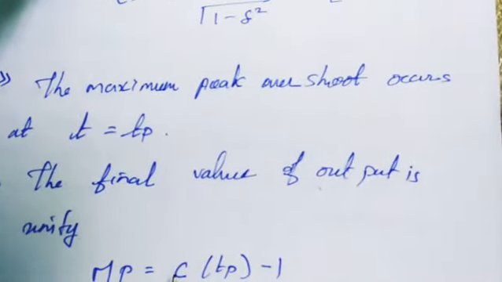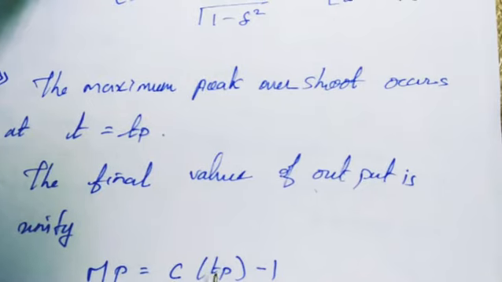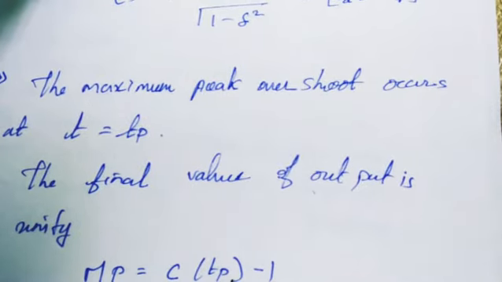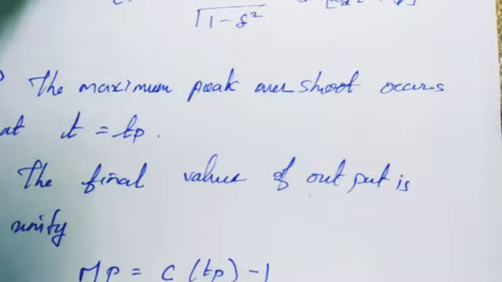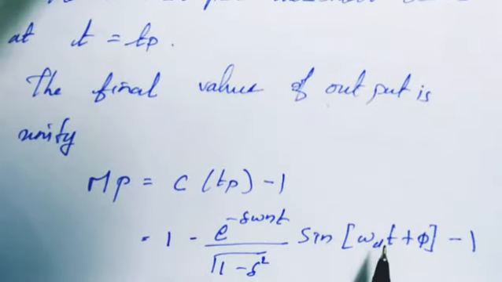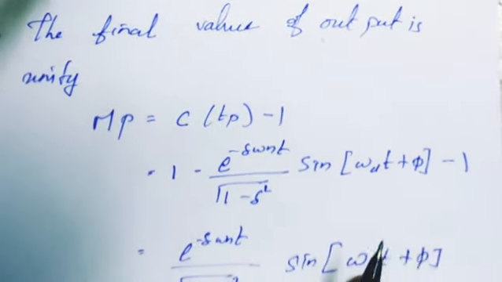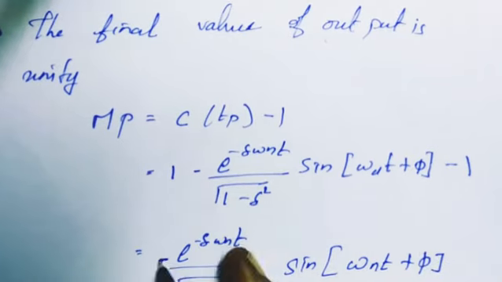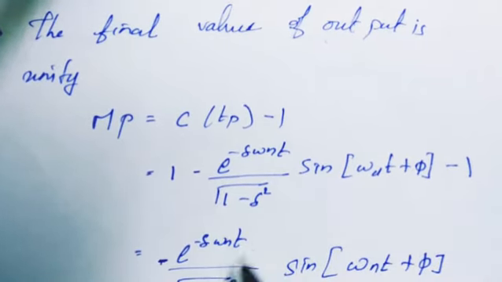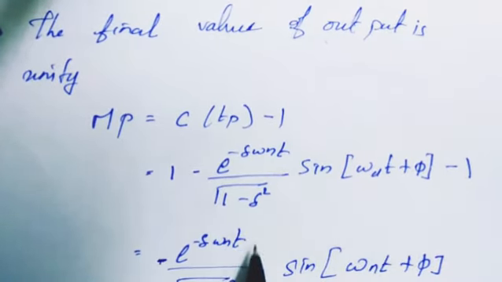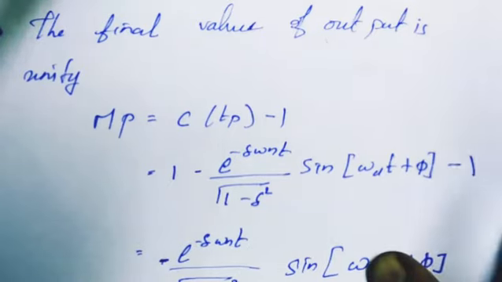So Mp, the maximum peak overshoot, is equal to the response at the peak time minus 1. So it is 1 minus this value. 1 will get cancelled and we'll have this as our equation now. And instead of t, we are going to substitute Tp because the maximum peak overshoot occurs at peak time only.